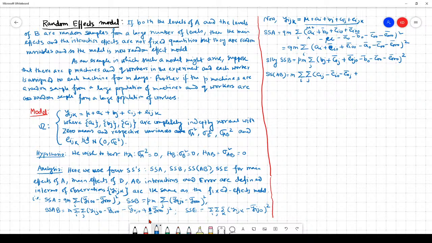Please change this part. Okay. SSAB, the first part, this is part 1. You see that I wrote yij naught minus yi naught bar minus y naught j naught bar plus y naught bar, with a 2 into y naught bar, but it should be y naught bar plus y naught naught. Please delete this 2. Okay, thank you.